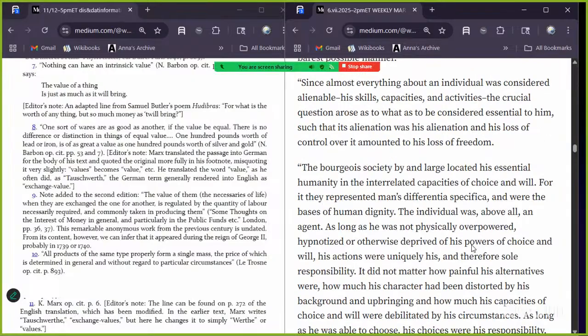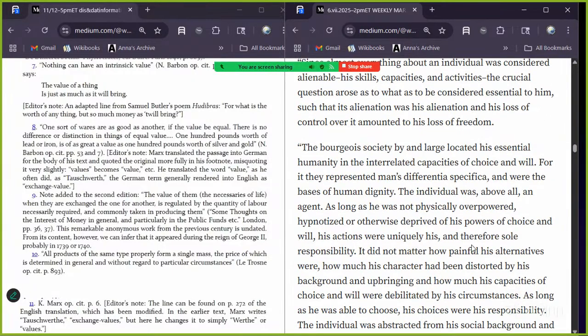That is, the bourgeois society, by and large, located his essential humanity in the interrelated capacities of choice and will. For it, they represented man's differentia specifica and were the bases of human dignity. The individual was, above all, an agent. As long as the individual is not physically overpowered, hypnotized, or otherwise deprived of his powers of choice and will, his actions were uniquely his, and therefore his sole responsibility.